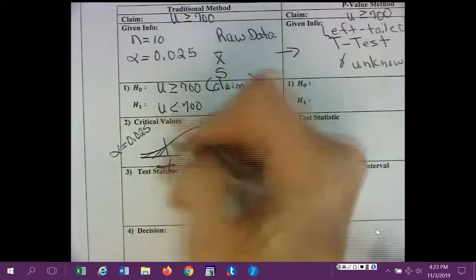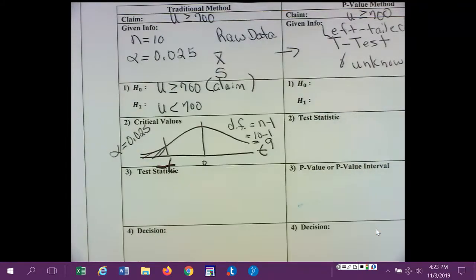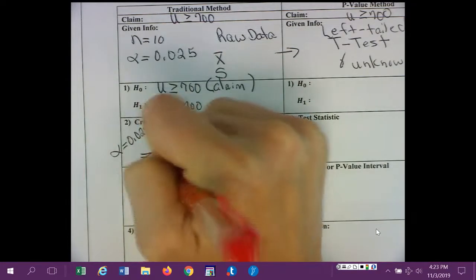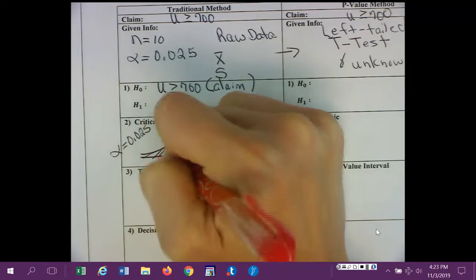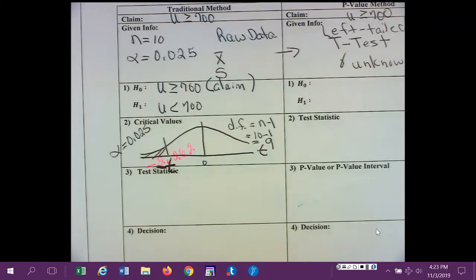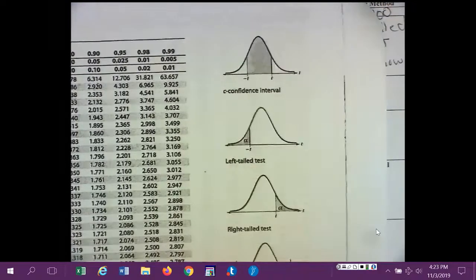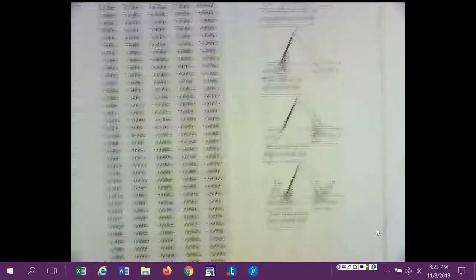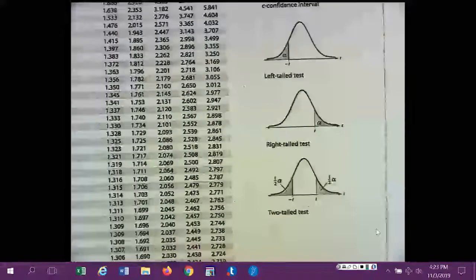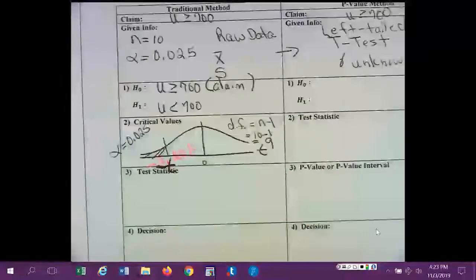So this particular critical value is a negative 2.262. Negative 2.262. And if you look over to the side at the table, you can see plus and minus t, a left-tailed test, a right-tailed test, and a 2-tailed test. But the way I find the critical value is different in the t-table compared to the z-table.